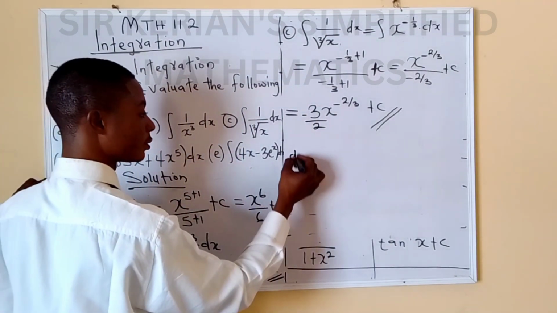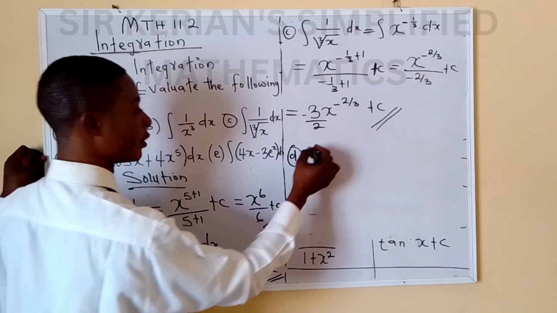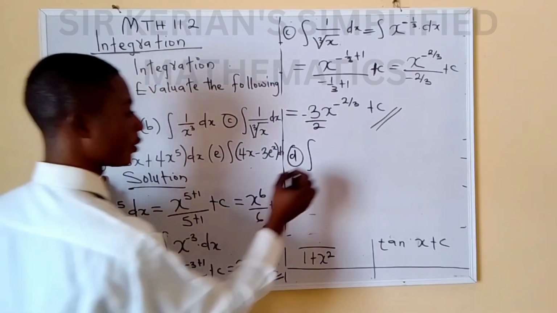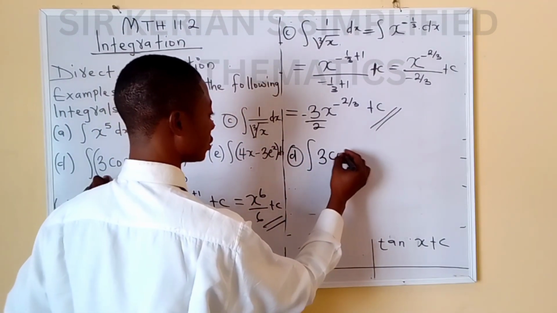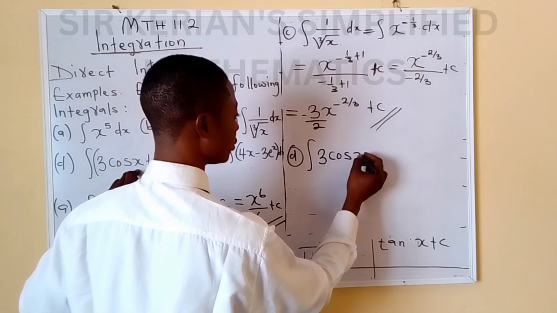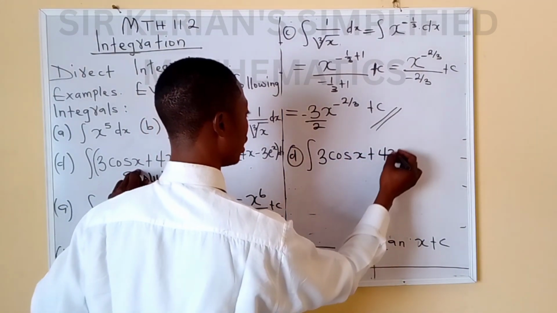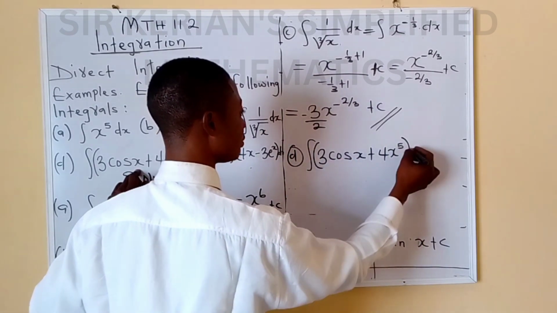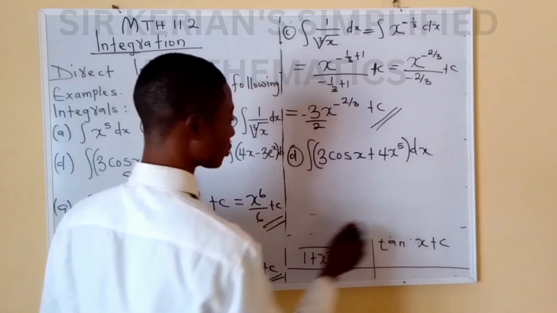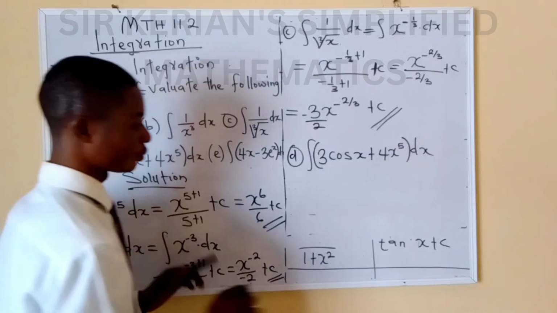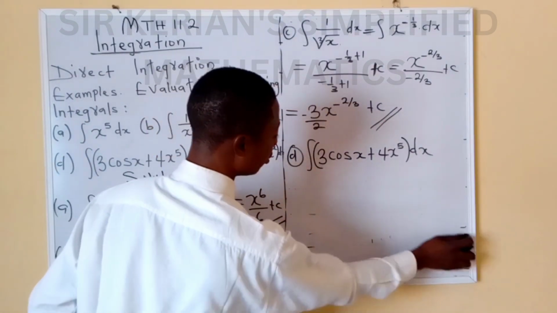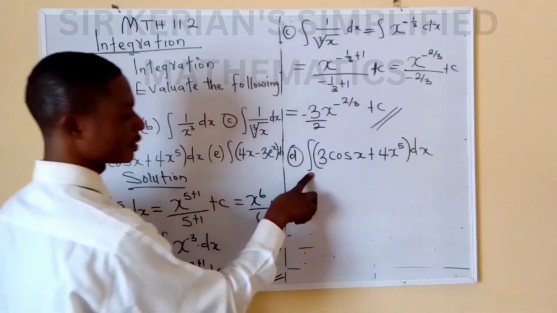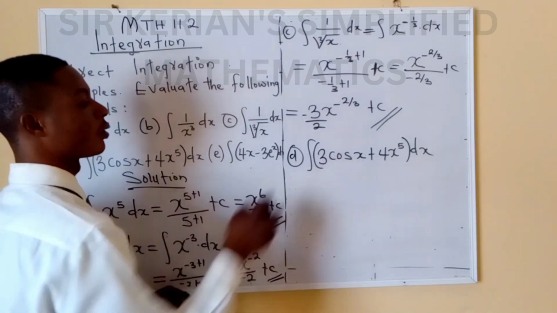D says we have to integrate 3 cos x plus 4x raised to the power of 5 dx. So this is a simple work too. First and foremost, note that the integral sign here is not standing for only 3 cos x.